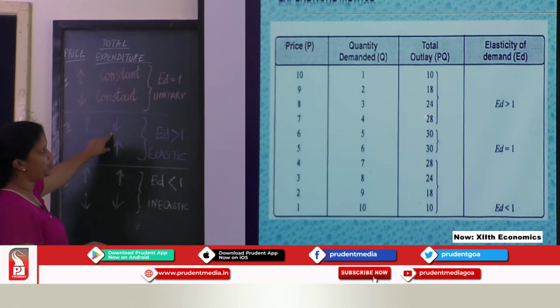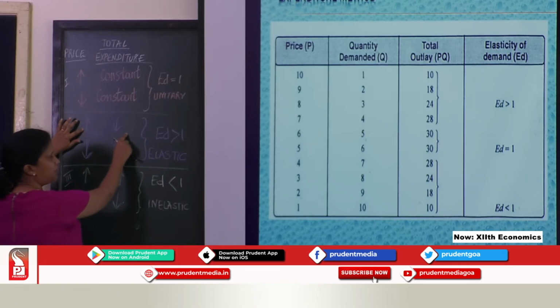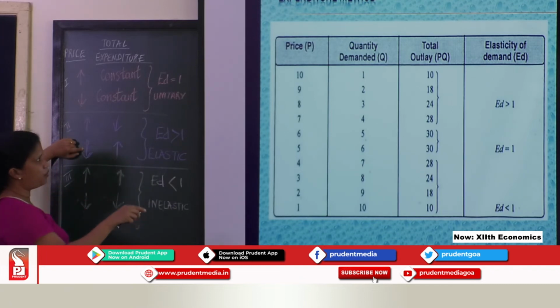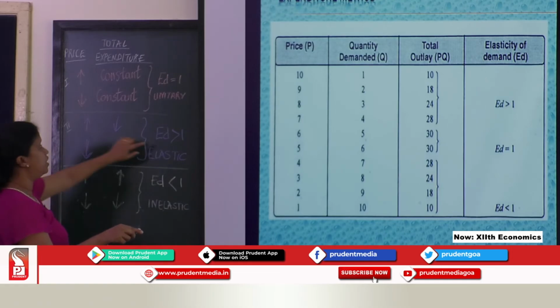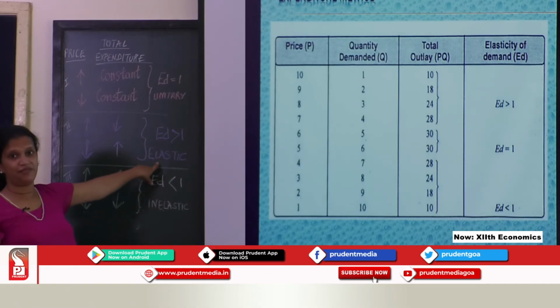Is the total expenditure falling? It was 28, then it is 24, 18, 10. So, although the price has increased, expenditure has come down. Or if price decreases, expenditure goes up, the same situation vice versa. So, ED is greater than 1, and therefore relatively elastic demand.